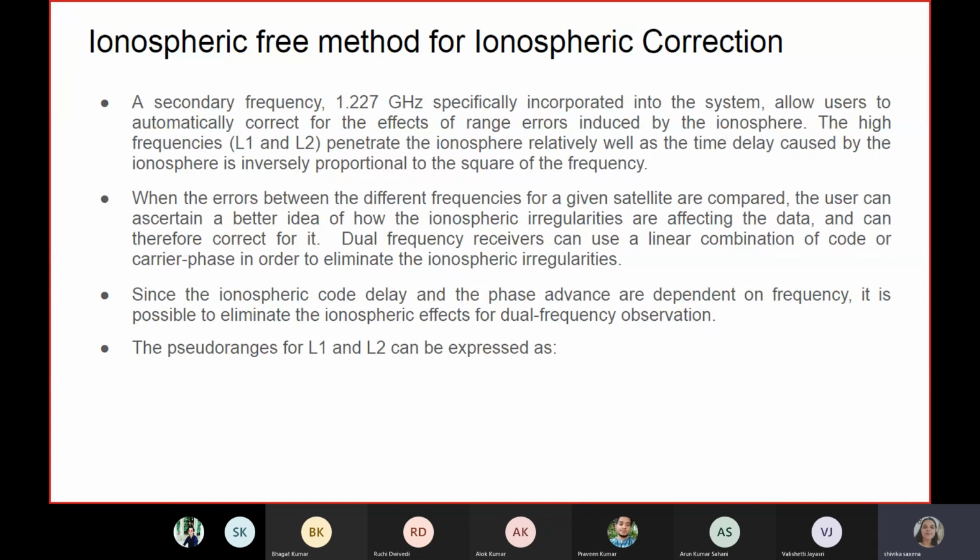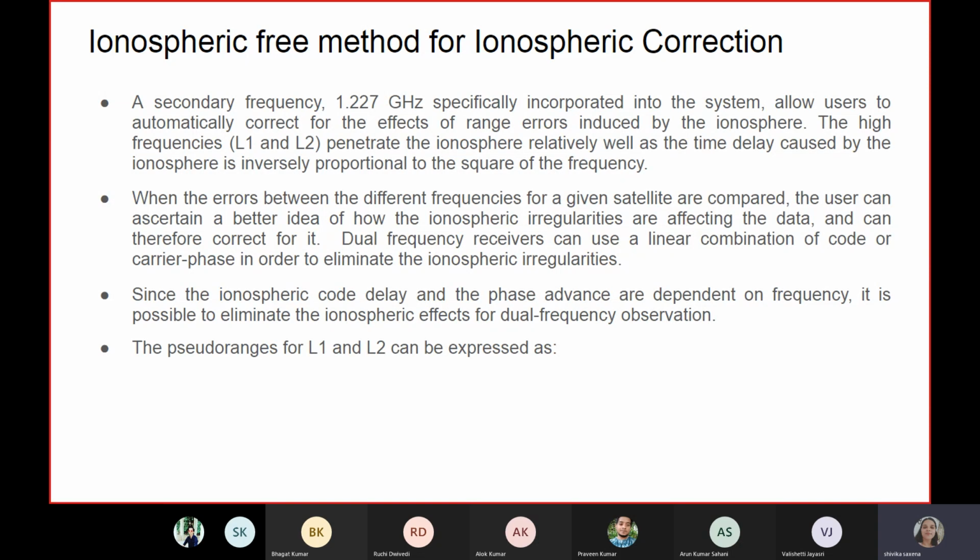Since the ionospheric code delay and phase advance are dependent on the frequency, 1 upon f square, it is possible to eliminate the ionospheric effects using dual frequency observations.